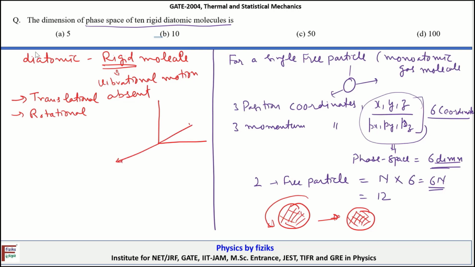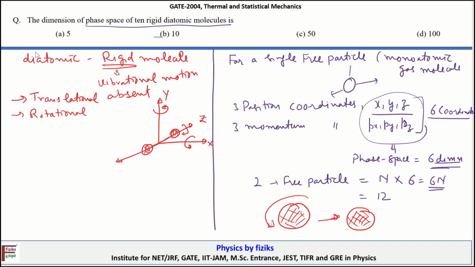Suppose the gas molecule is lying on one of the axes: this is the x-axis, y-axis, and this is the z-axis, and the molecule is lying on the z-axis. In addition to translational motion, the molecule is capable of rotating about the x-axis, the z-axis, and the y-axis. These are the additional degrees of freedom.